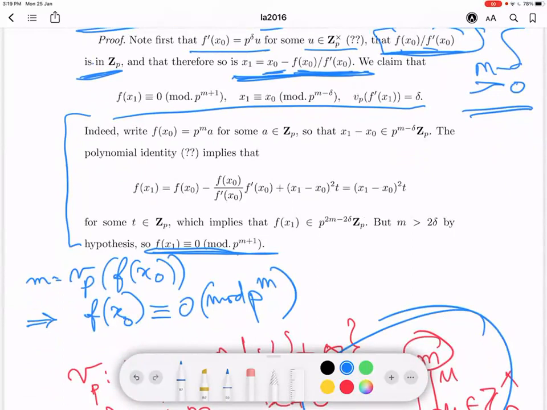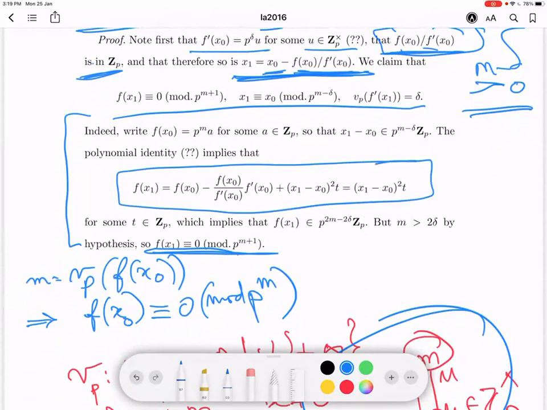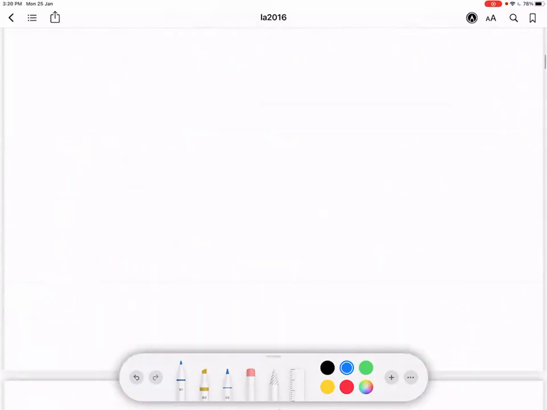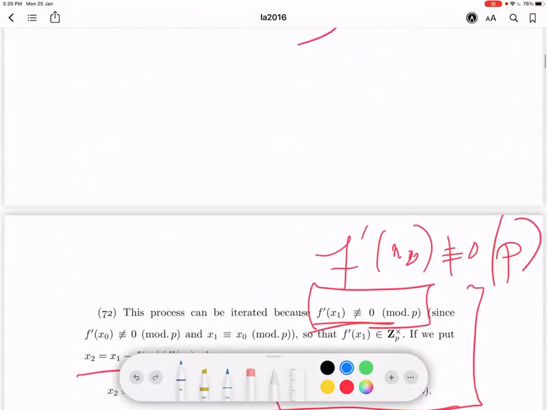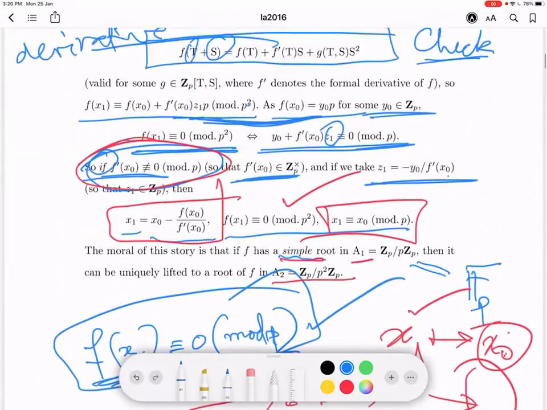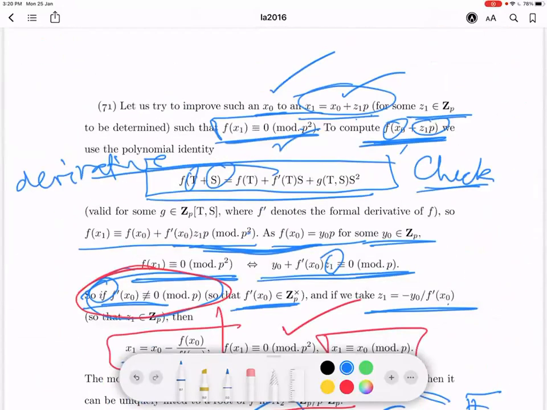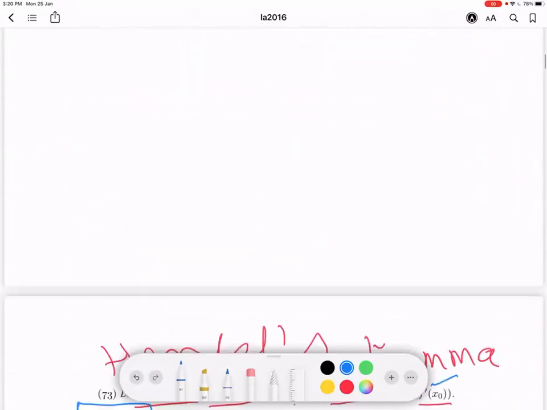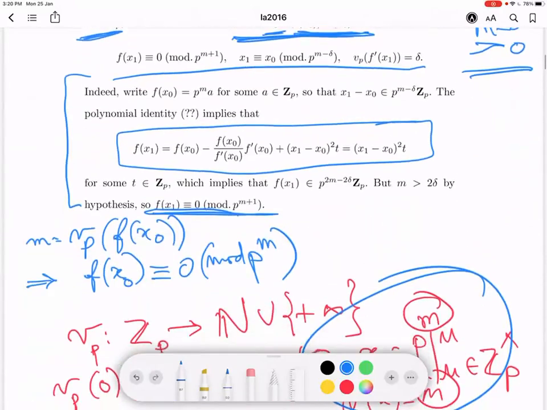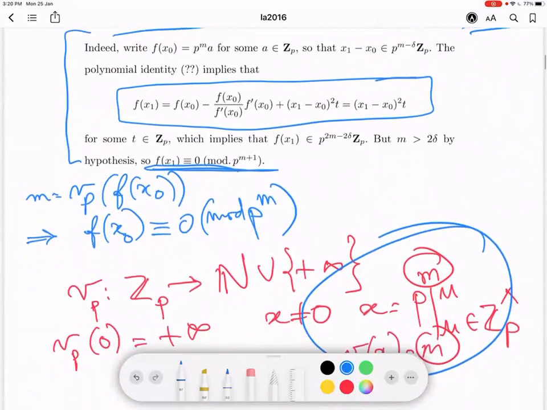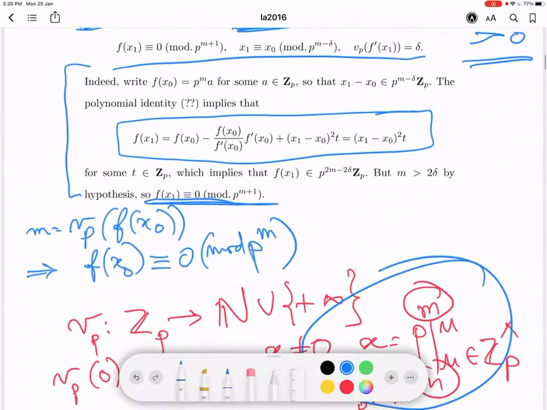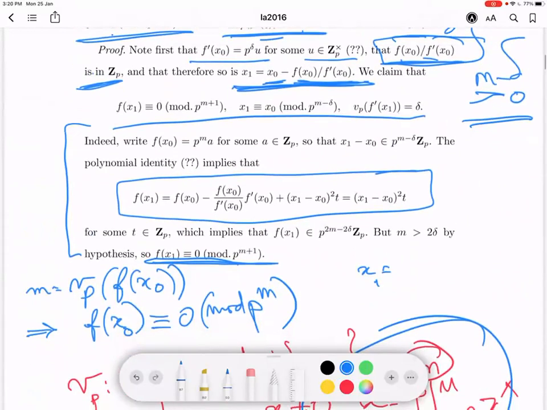So what has been used? That polynomial identity has been used here. Which polynomial identity? This one. This polynomial identity has been used, because x1 is going to be written as, of course, x1 is equal to whatever x1 has been defined as.